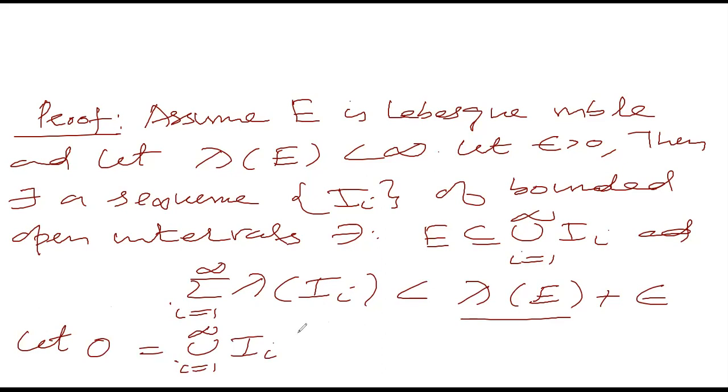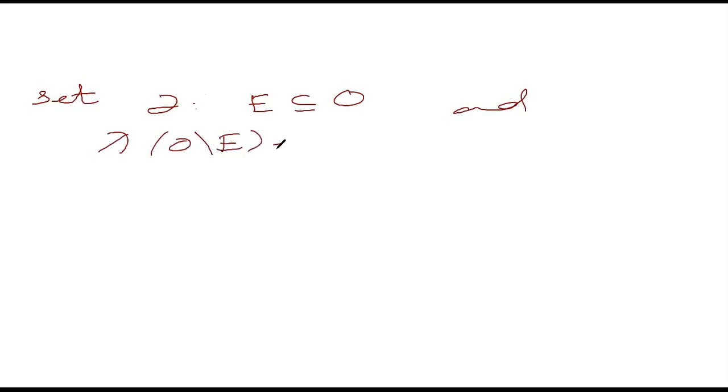Then O is an open set, and E is a subset of the union of I_i, which is equal to O. Then the Lebesgue measure of O minus E is equal to the Lebesgue measure of O minus the Lebesgue measure of E.